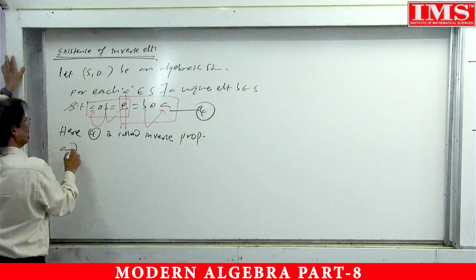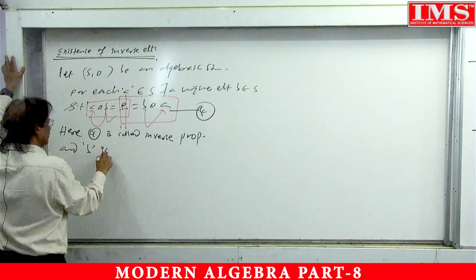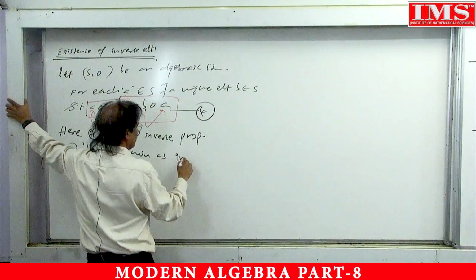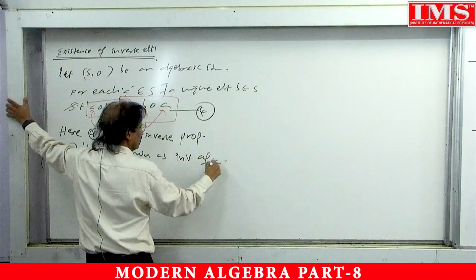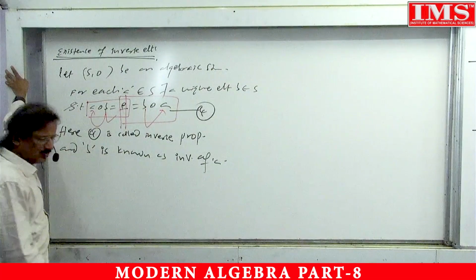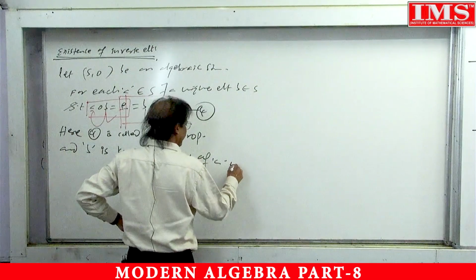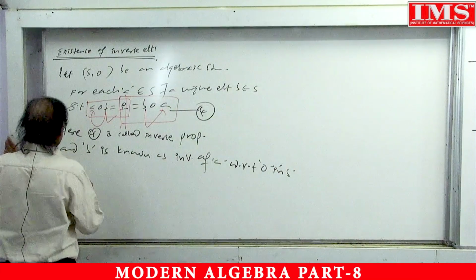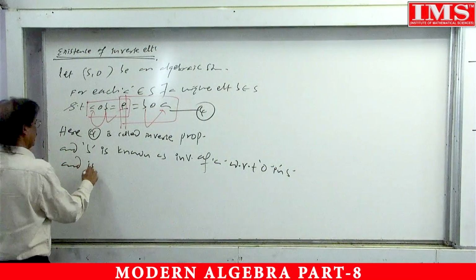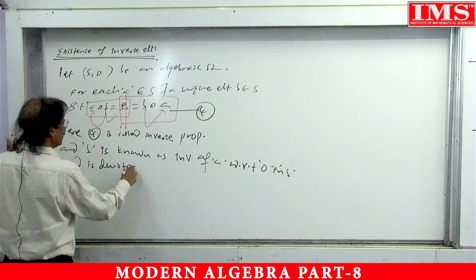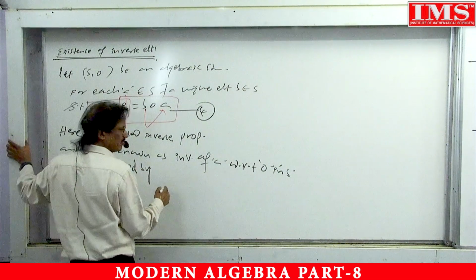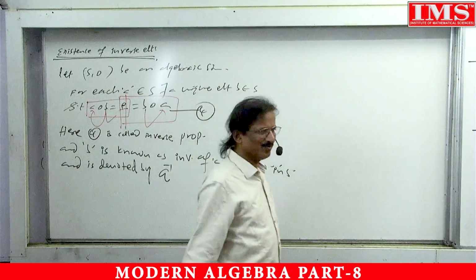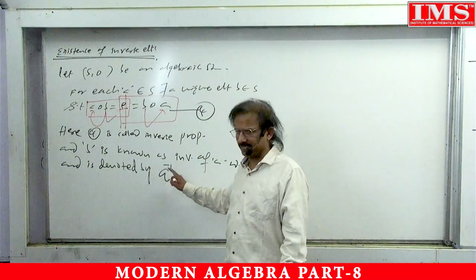B is known as inverse of A. But both the sets of inverses should exist and be equal with respect to circle in S. And it is denoted by, what should I write? A power minus 1. But it does not mean 1 by A. You only have to read it as inverse of A.